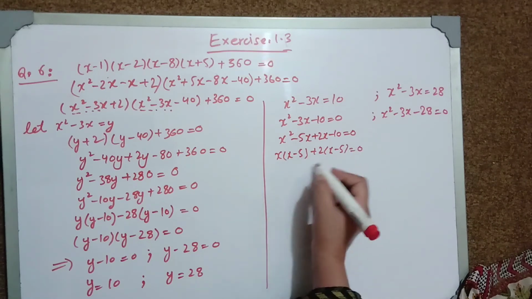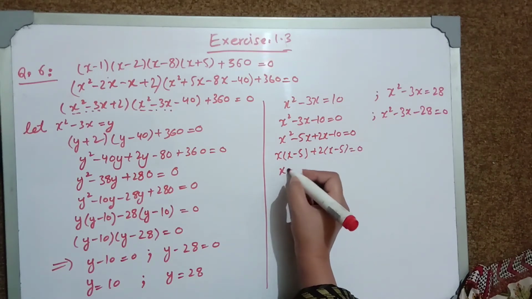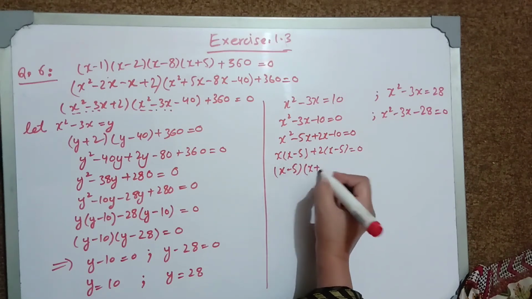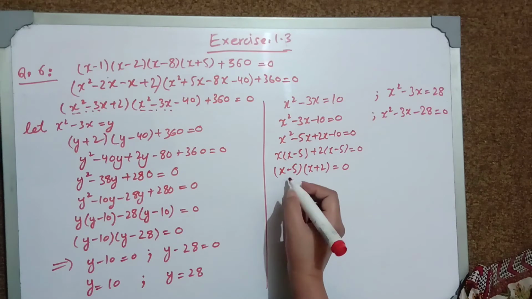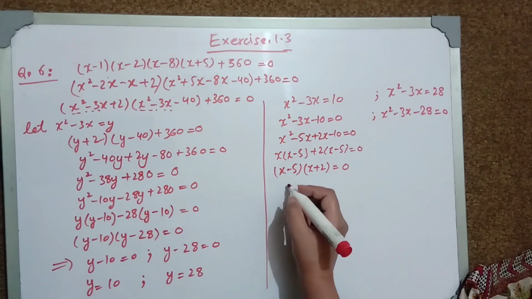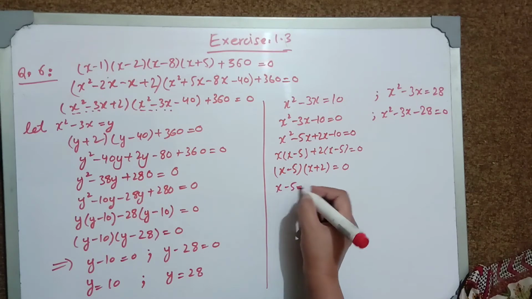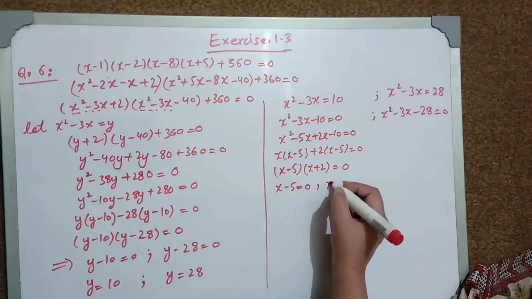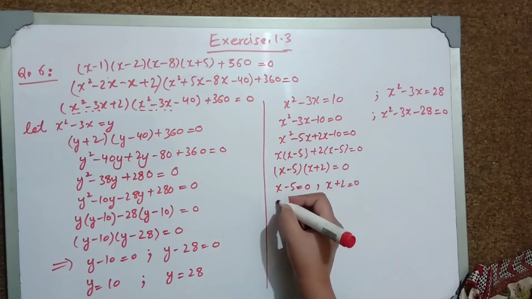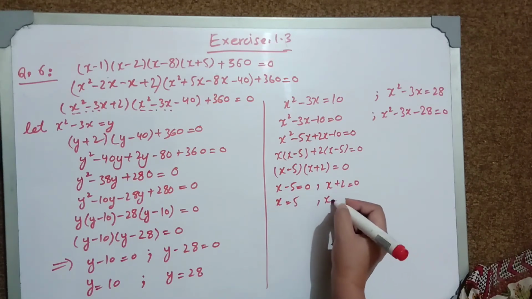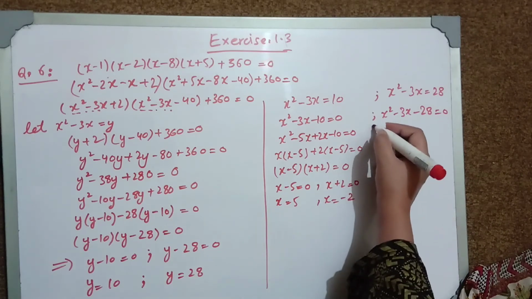From here x minus 5 can be taken common and we'll be left with x plus 2 equals to 0. It means that x minus 5 is equals to 0 as well as x plus 2 is also equals to 0. X will be equals to plus 5 and from here x will be equals to minus 2.